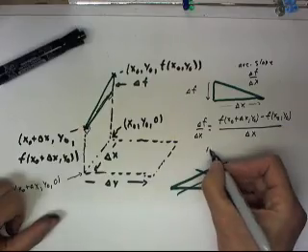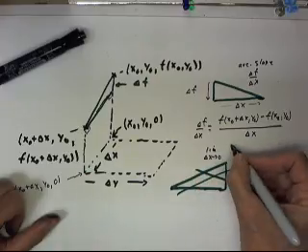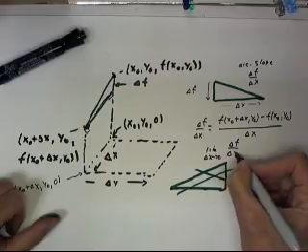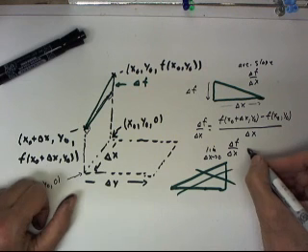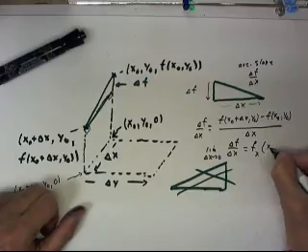In the limit as delta x approaches 0, this expression, which I'll just write in the abbreviated form delta f over delta x, becomes what we call fx at x naught, y naught.